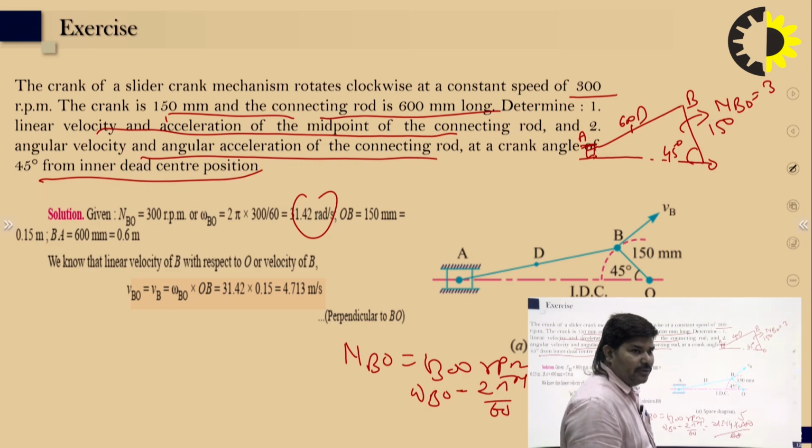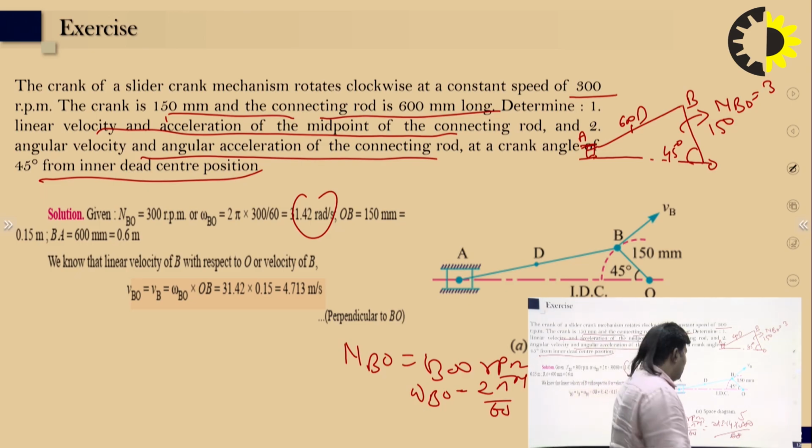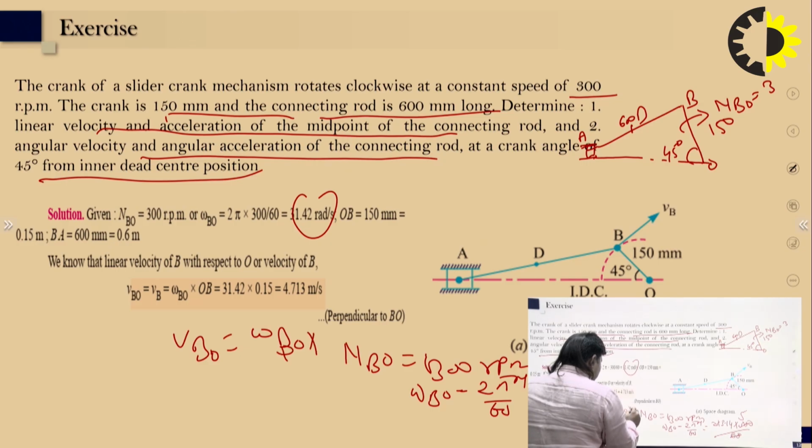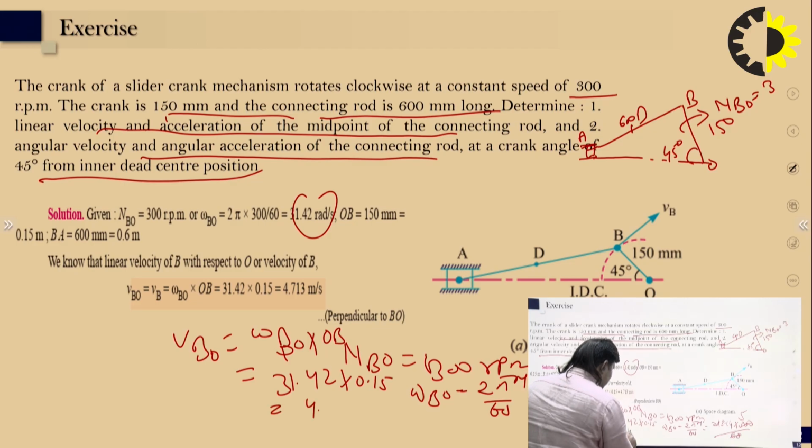So velocity of B with respect to O equals omega BO into R, that is OB. So it is 31.42 radian per second into 0.15 meter, which becomes 4.713 meter per second, right?